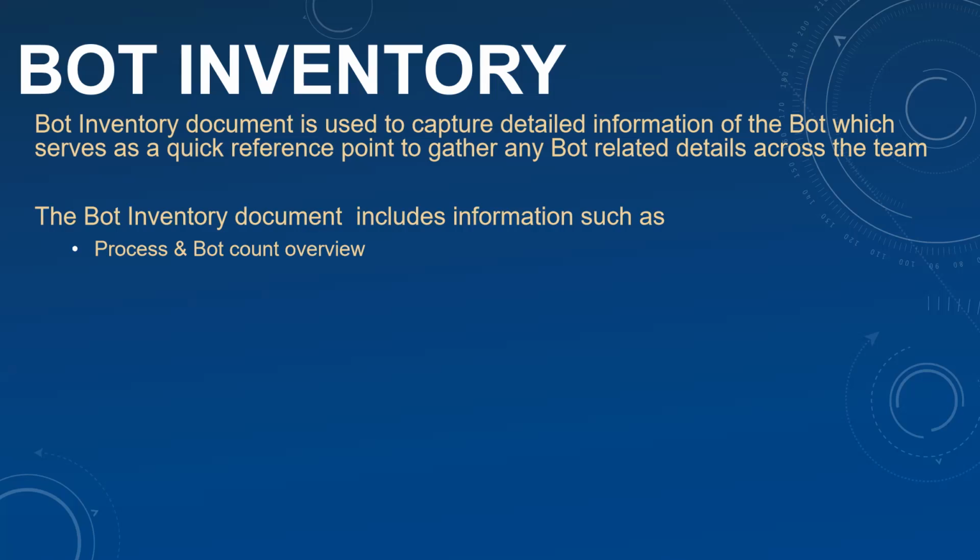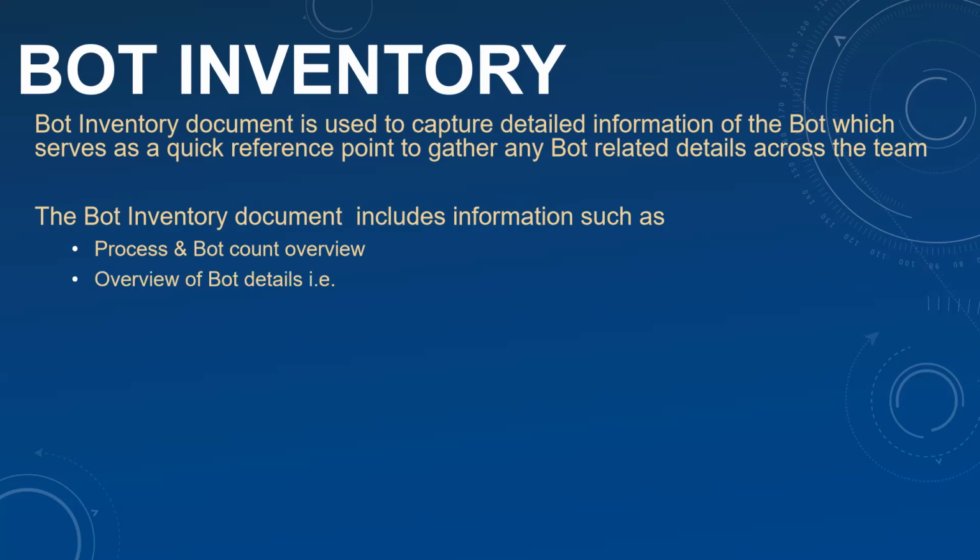The processes and bot count can be specific to a use case or process, or it can be a summarized inventory document for the entire bot development for that client or business. So it depends how you want to maintain it, but for better reference and better management, you can choose as per your requirement how you want to capture details and on what level.